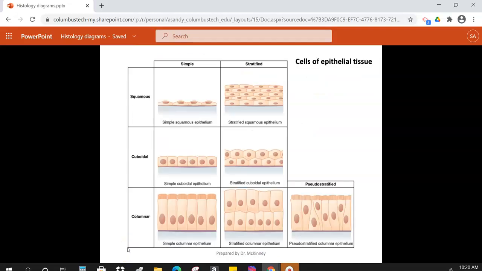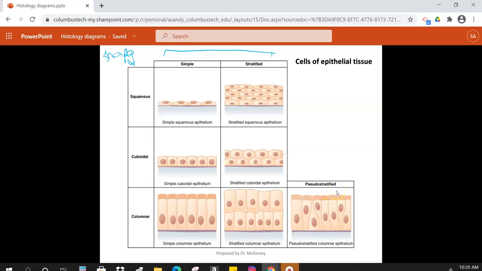So here is another illustration that shows you how we use both the shape of the cell and the number of layers in the name. Over on the left-hand side, this is shape. And then on the right-hand side of the table, this is the number of cell layers, whether it's simple, stratified, or pseudostratified.